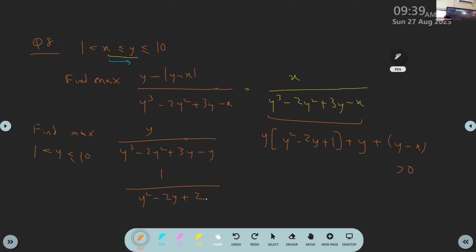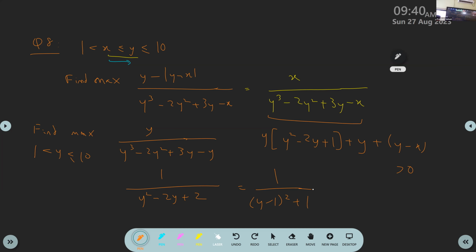This point has become a pretty standard question. If you know how a quadratic equation behaves, to maximize this, we need to minimize the denominator. And the same factorization that we saw earlier is going to happen here. So this is 1 upon... So the denominator will be minimum when y is equal to 1.